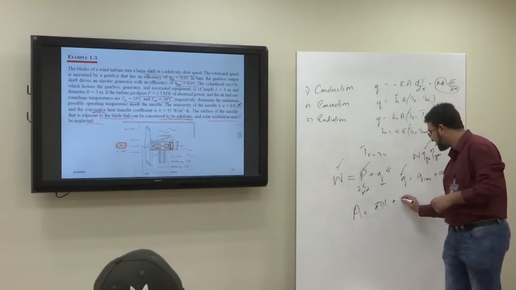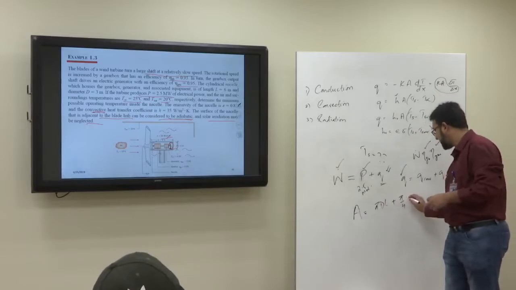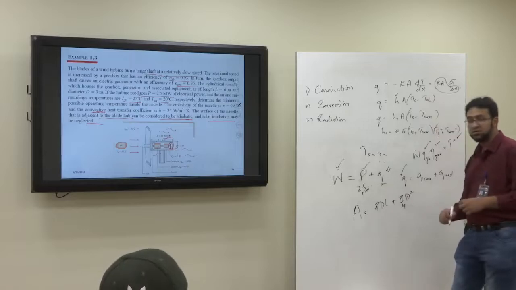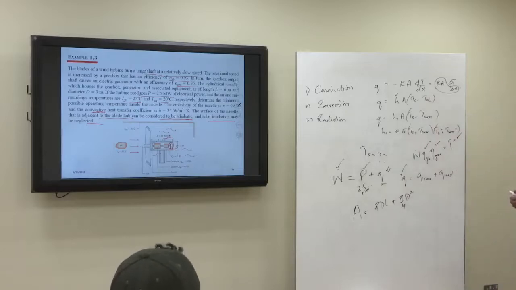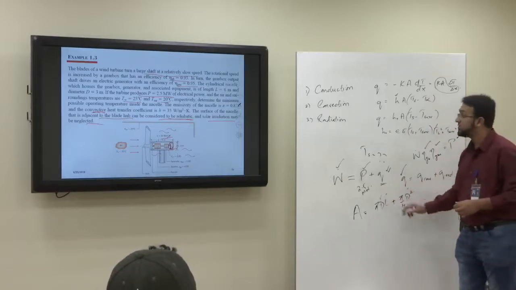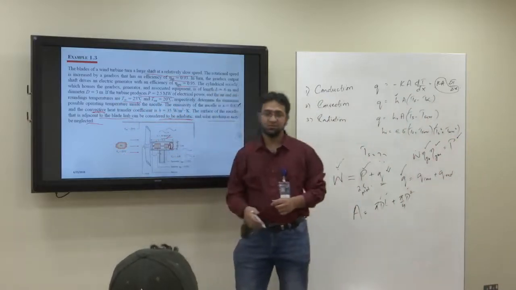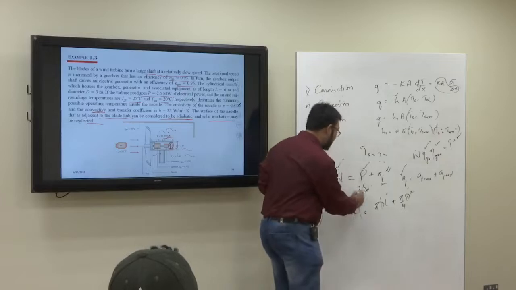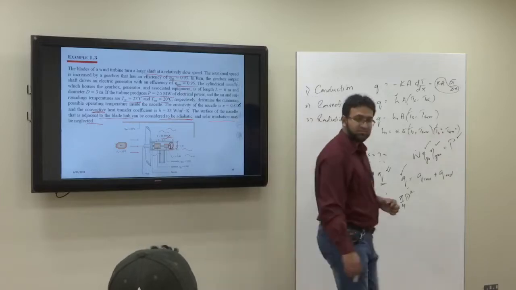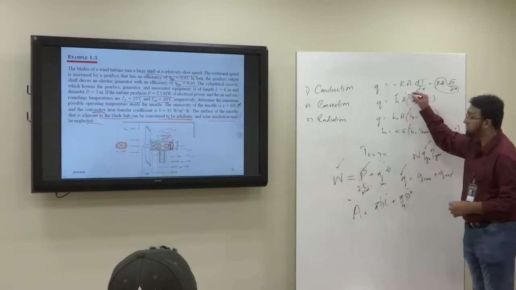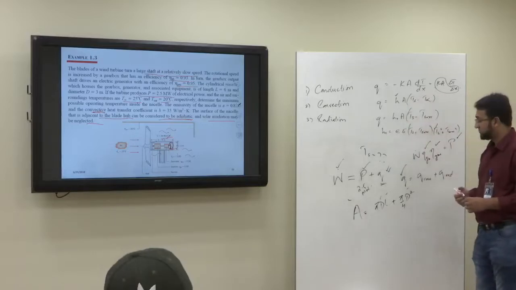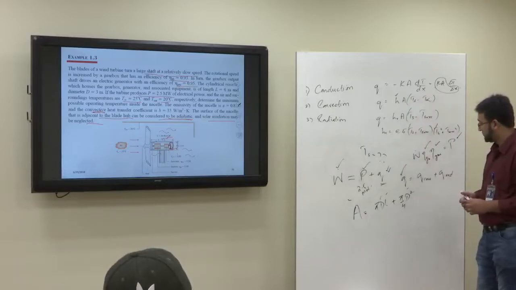So that will be the surface area, pi upon 4 cross-sectional area, d square, right? You know the diameter, you know the length. It's given, the length of the nacelle is this and diameter is this. So you know what the area is. Is it clear?